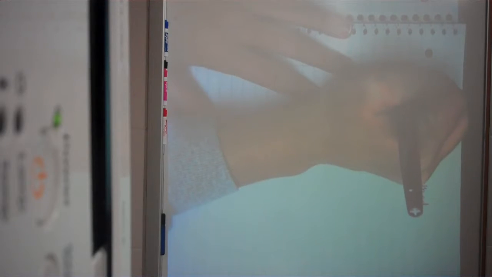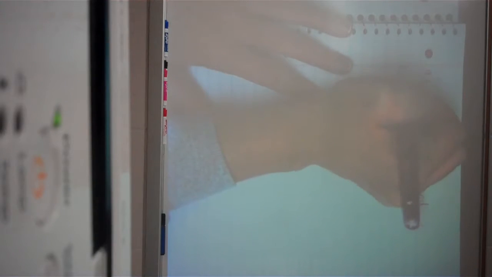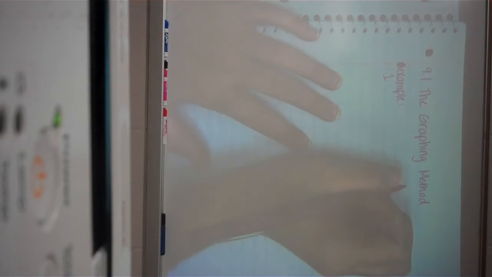So the first thing that we're going to do is we're going to solve the system by graphing. Okay, so example 1, we're going to solve by graphing. And we have two equations: 2x minus y equals 8.